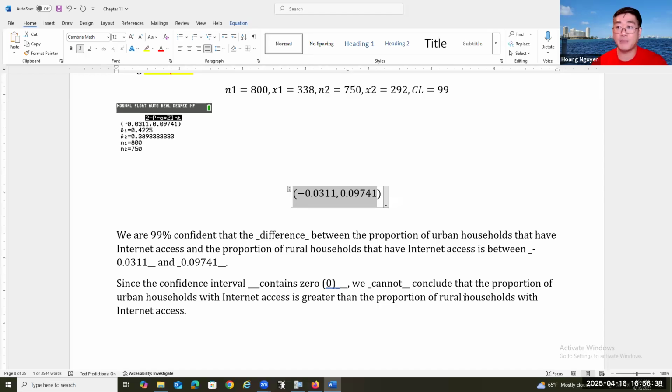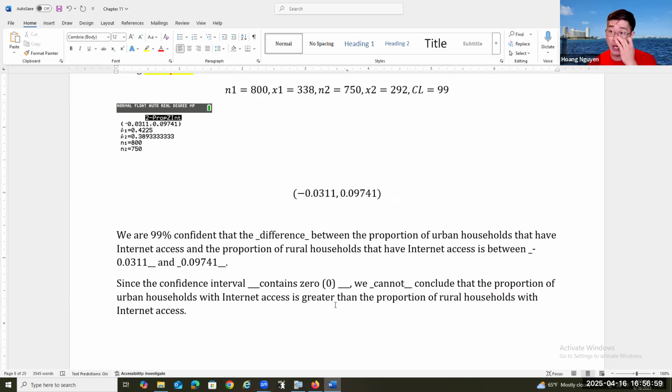If the two population proportions are equal, then the greater-than claim is not going to work. So that's why you cannot say that the proportion of urban households with internet access is greater.